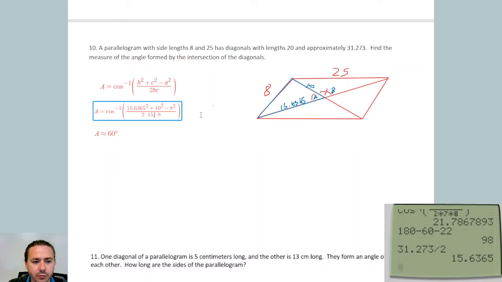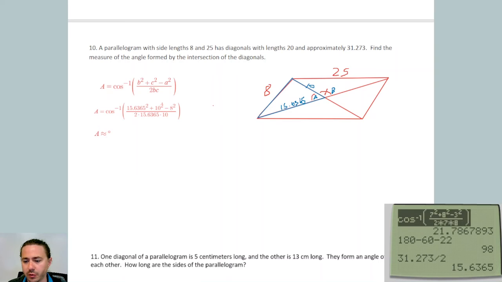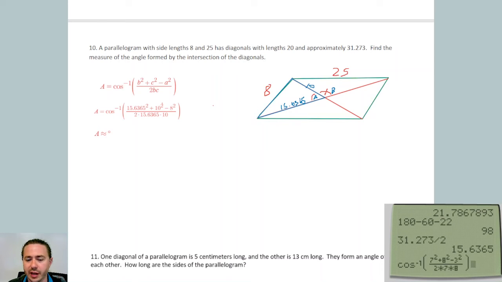So I'm going to type all that into the calculator. It's pretty straightforward. As long as you can draw this diagram, you're not doing much different than what we've been doing. It looks a little scarier because it's a word problem, but once you sketch it out, it becomes pretty clear what you're supposed to do.